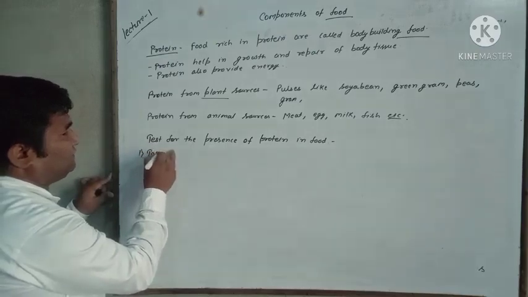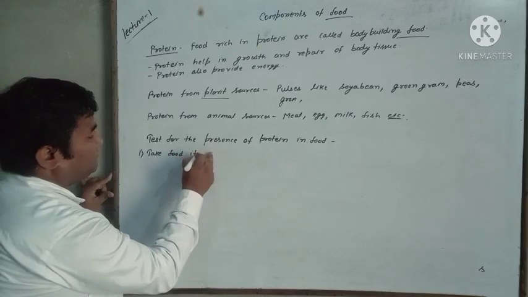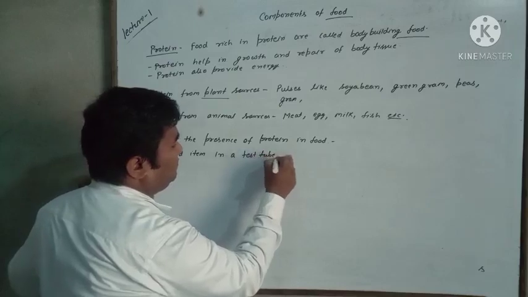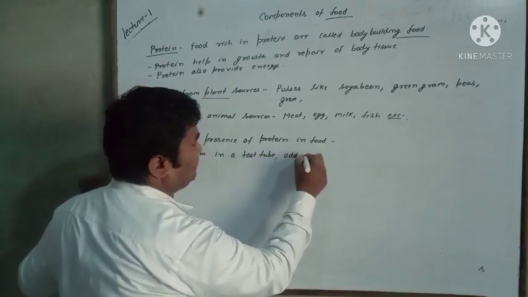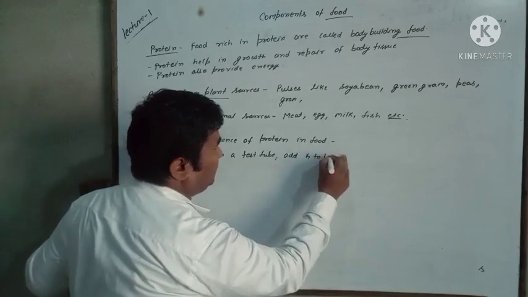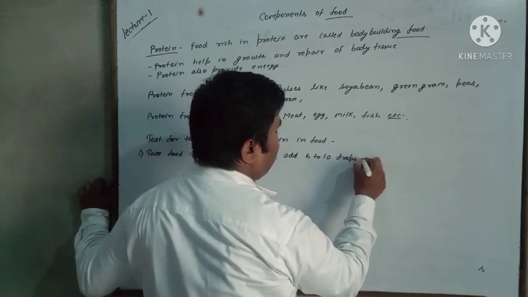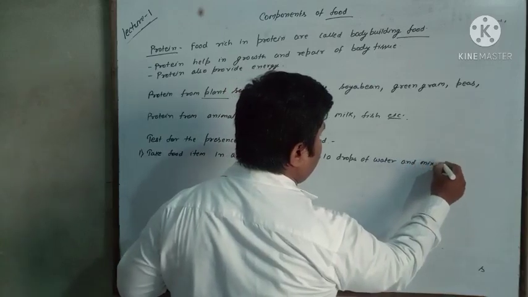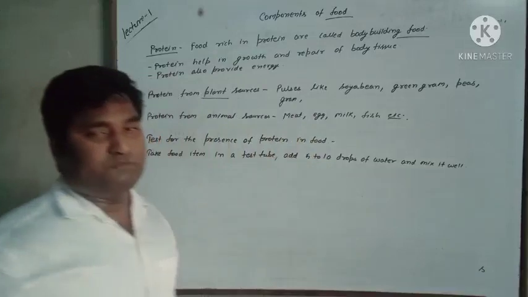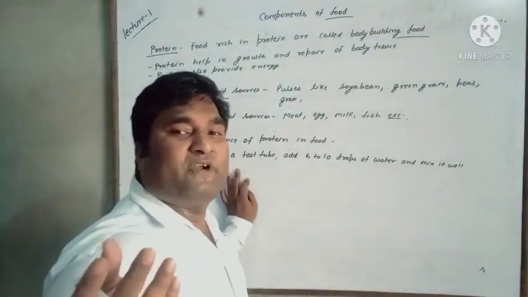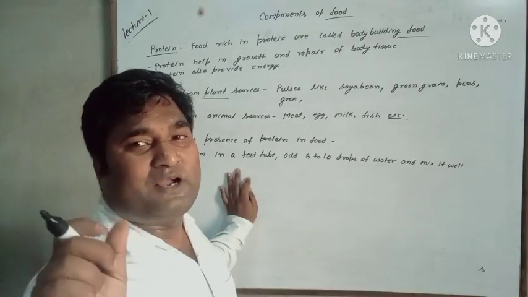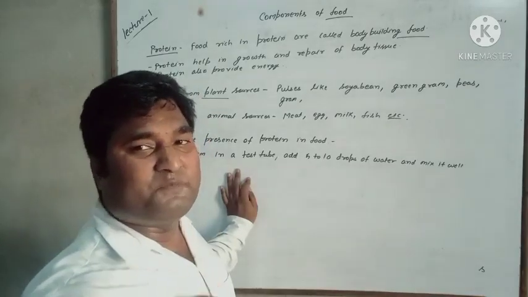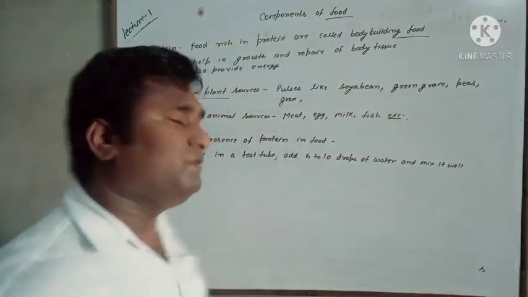First, take the food item in a test tube, add 5 to 10 drops of water and mix it well. Shake it well. For example, if the food item is in solid form, first make a paste of that food item. Take the food item in the test tube, add 5 to 10 drops of water and shake it well.